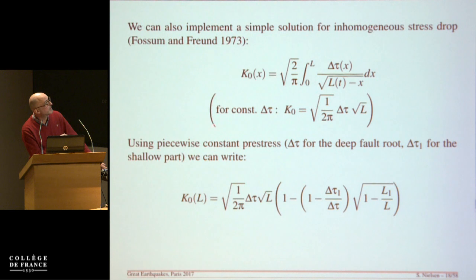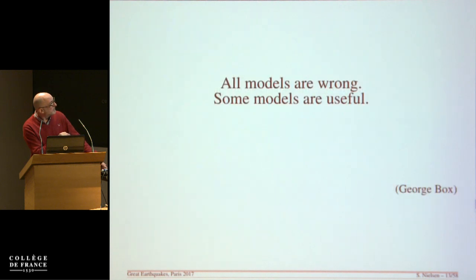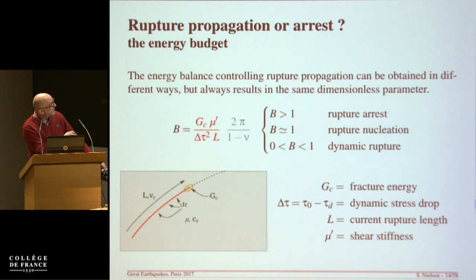The good news is we can use an inhomogeneous model because the stress drop can vary along the fault. Then you replace this by an integral. And if you make, for example, one part of the fault loaded, so you load this part of the fault, and you assume that it's now entering a region where the stress is very low.